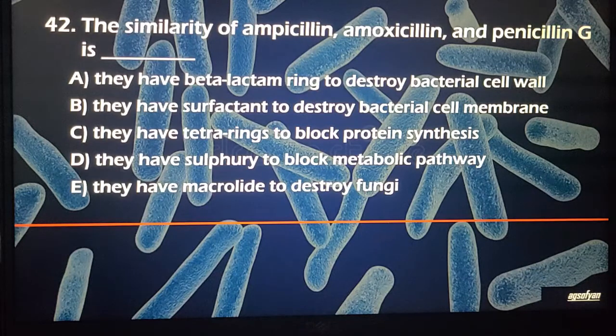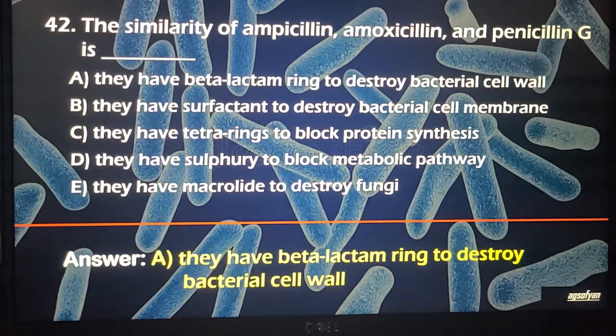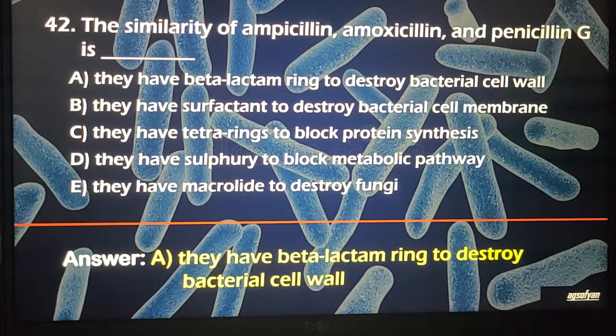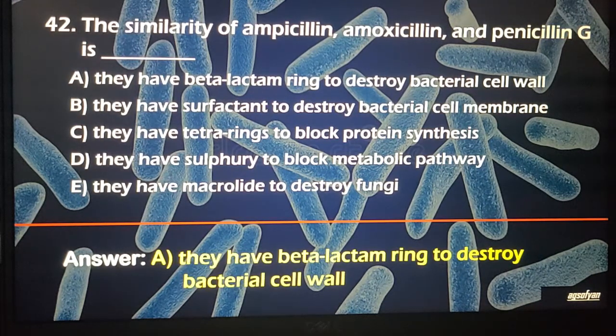Choose your answer. Yes, the answer should be they have beta-lactam ring to destroy bacterial cell wall. So remember, these are groups of antibiotics that destroy the cell wall, and all of them have a similar structure, in which the center or nucleus is called the beta-lactam ring.